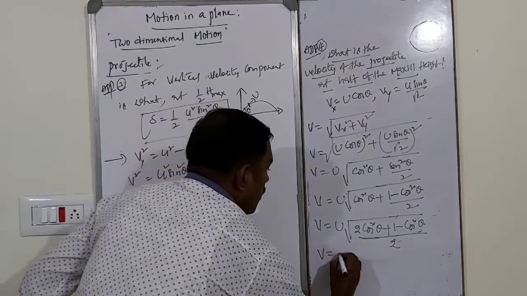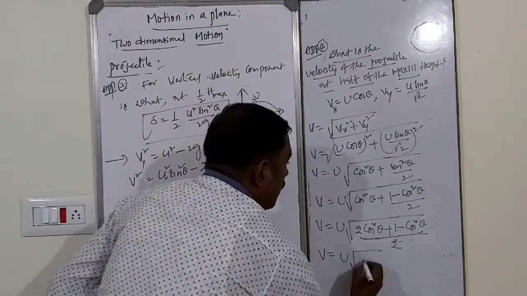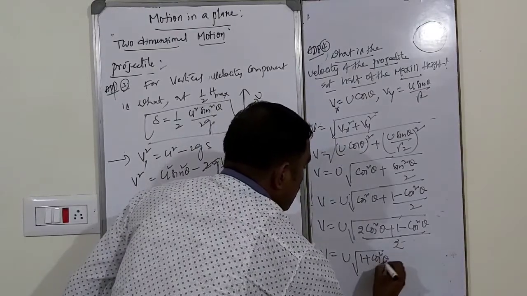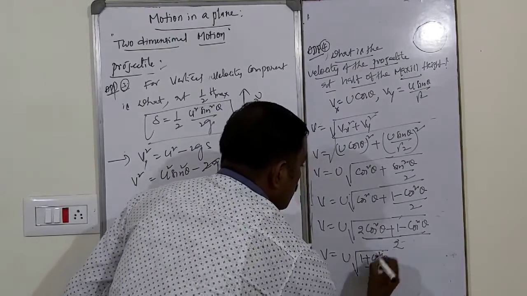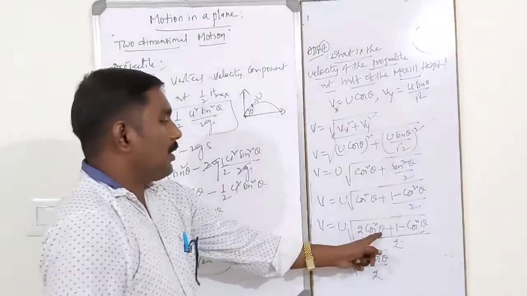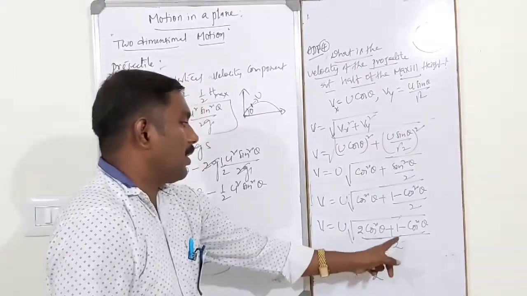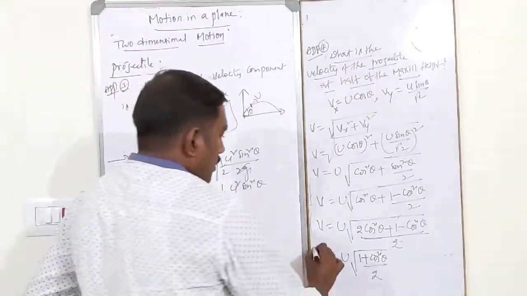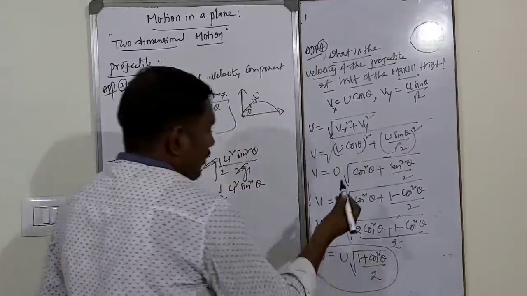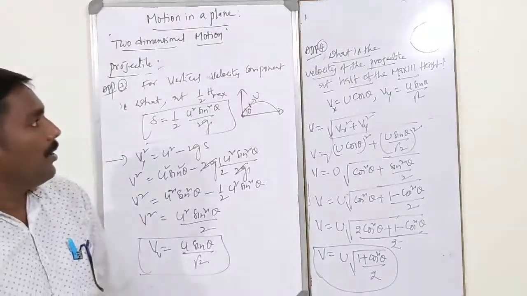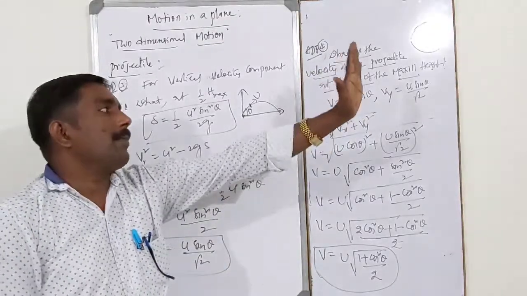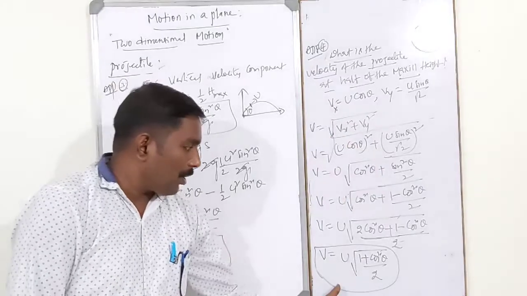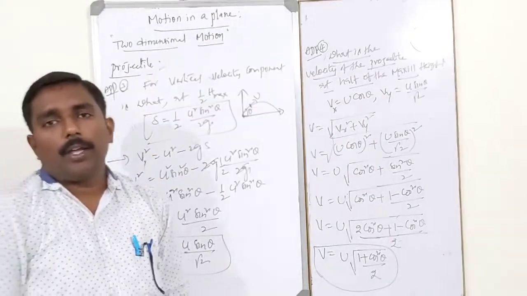So V is ultimately u square root of 1 plus cos square theta by 2. Students, this is the final equation: the velocity of the projectile at half of the maximum height, where vertical and horizontal components are both mixed. So important application. Okay, thank you.